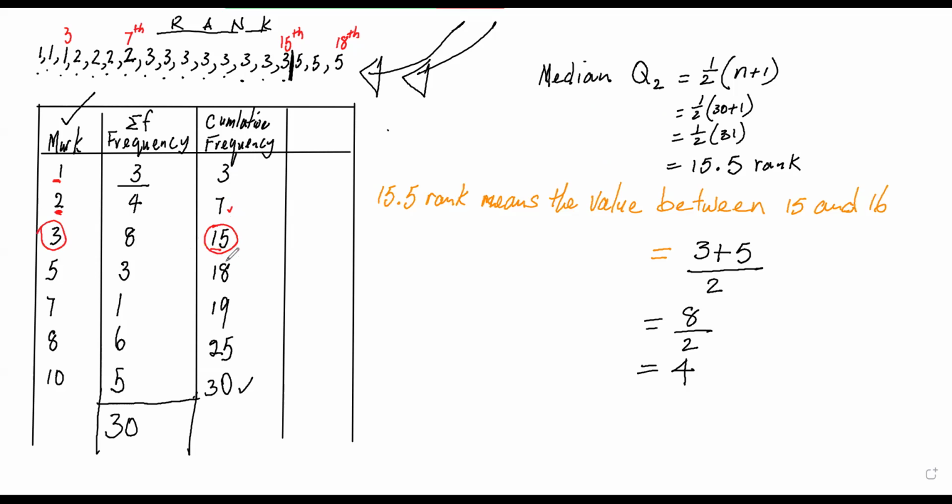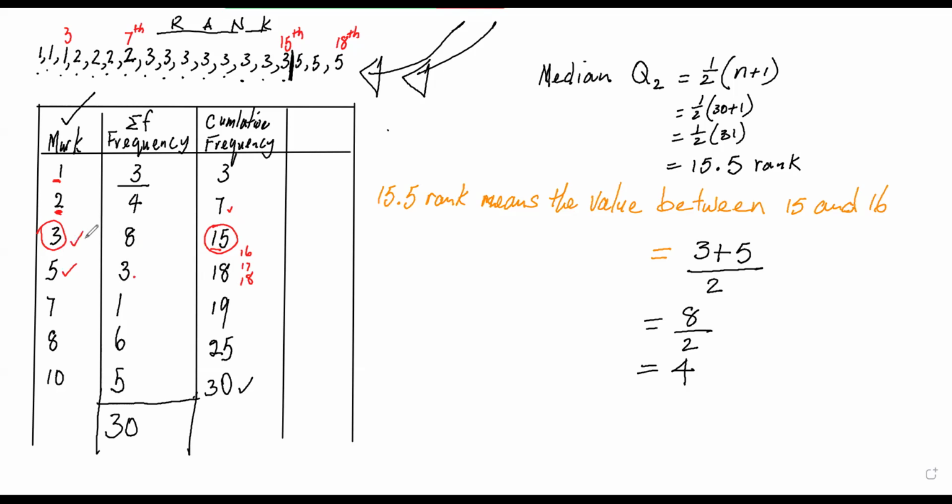And the 16th rank will be 5, because you have 16, 17, 18, three numbers here. So all you want is what happens after 15, which is 5.